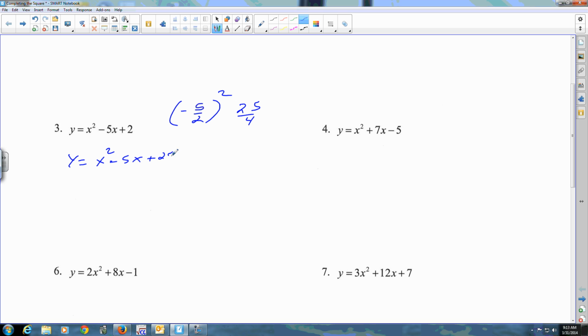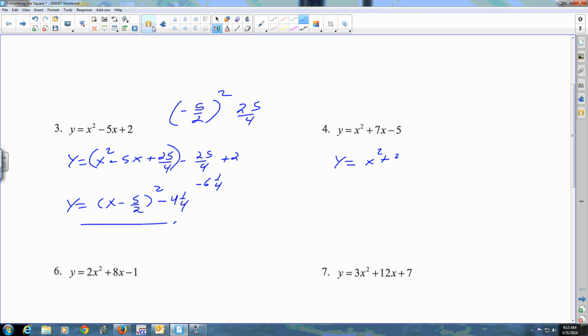So plus 25 fourths minus 25 fourths plus 2. That much is a perfect square. y is equal to x minus 5 halves squared. And to do this in my head so I don't need a calculator, that's minus 6 1/4 plus 2, so minus 4 1/4. So there's your answer. Same deal.